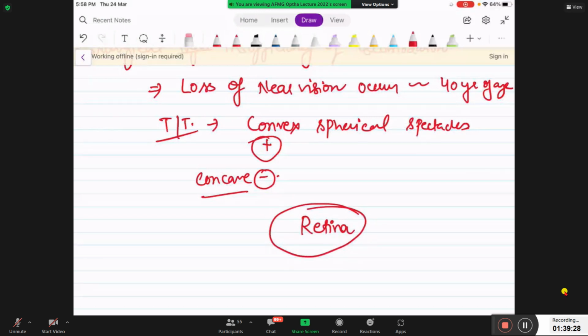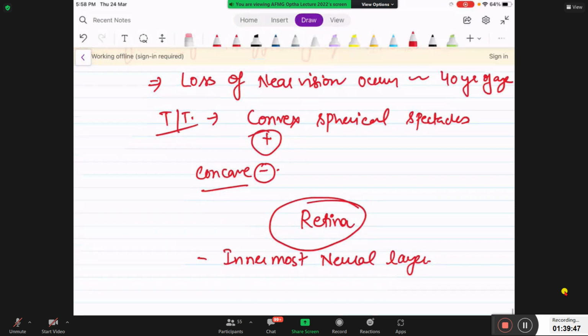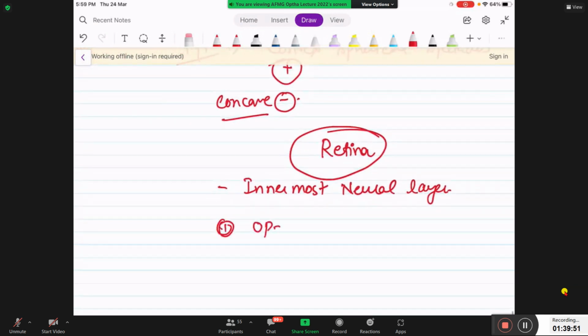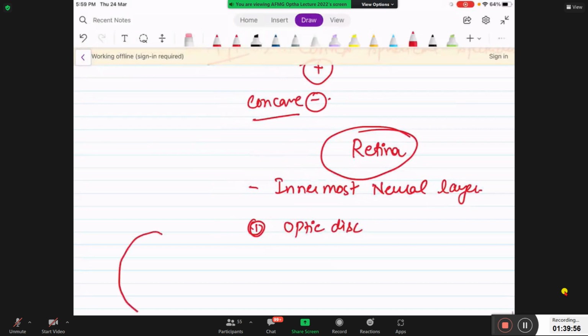Remember, the retina is the innermost neural layer. It contains parts like the optic disc. Also draw the diagram here. This round part is called the optic disc.